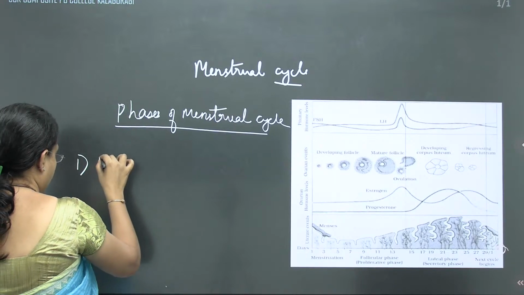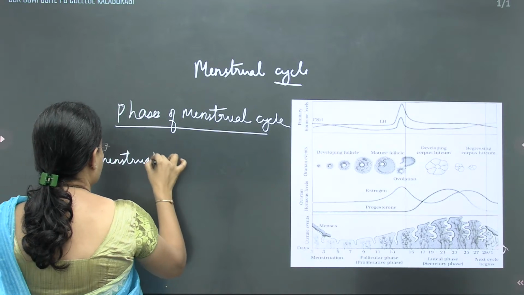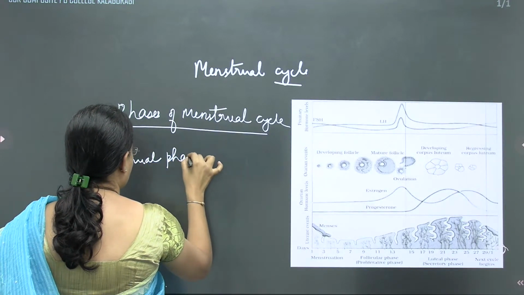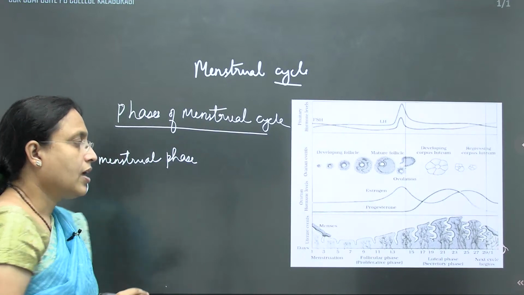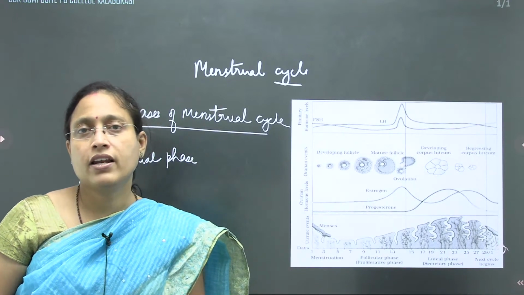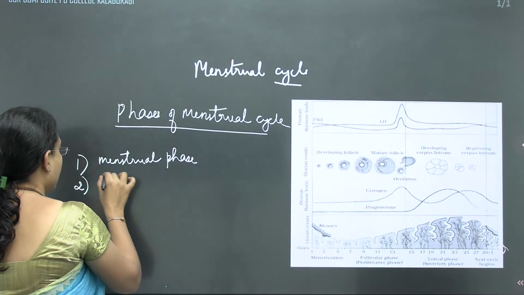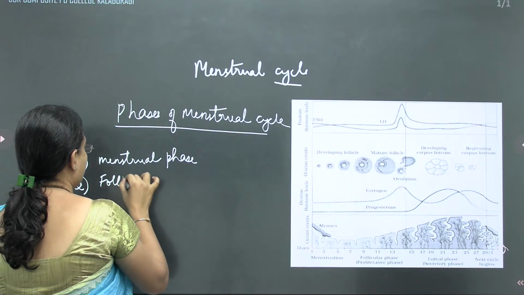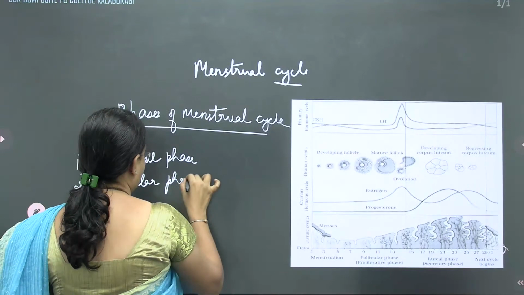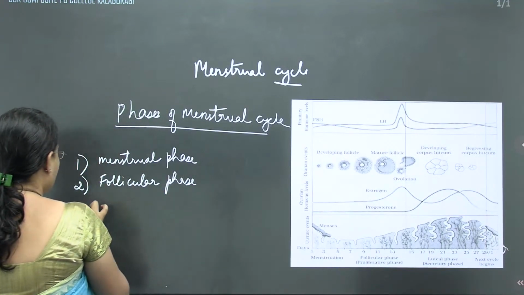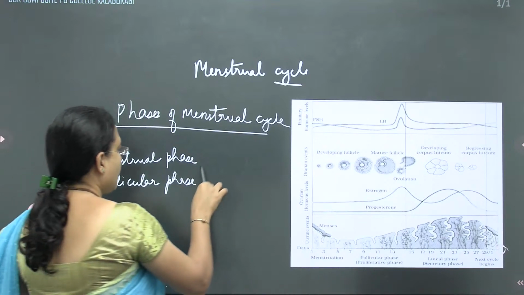Now, those sequences. First phase is the menstrual phase. Then the second phase is called the follicular phase. The follicular phase has another name.